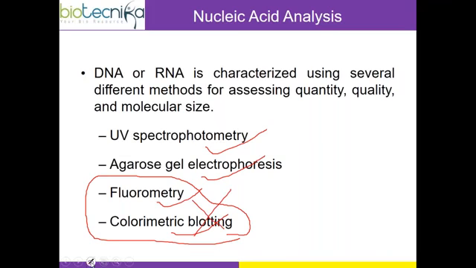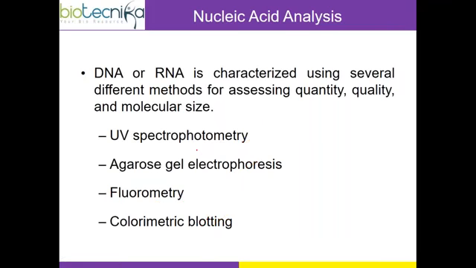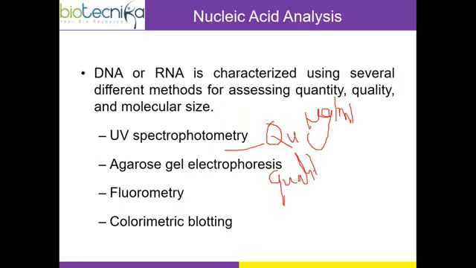But we are going to discuss in detail about UV spectrophotometer, which can be used for quantitative analysis, which is going to tell me microgram per ml, whereas my agarose gel is going to tell me quality. Okay, clear or not, guys?